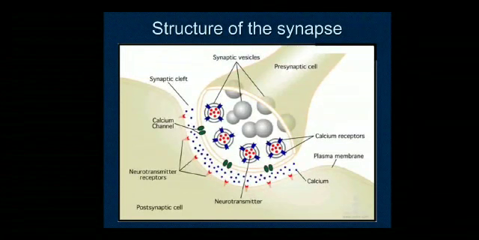These vesicles contain the neurotransmitters, and there are calcium channels present in the presynaptic membrane, and we have the receptors present on the postsynaptic membrane. So this is the structure of a typical synapse.